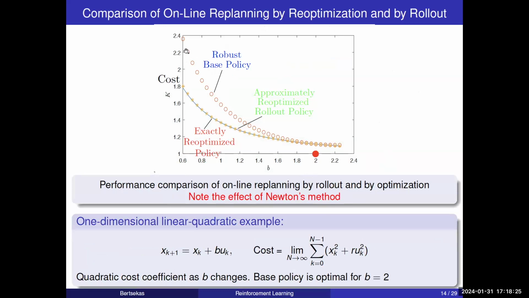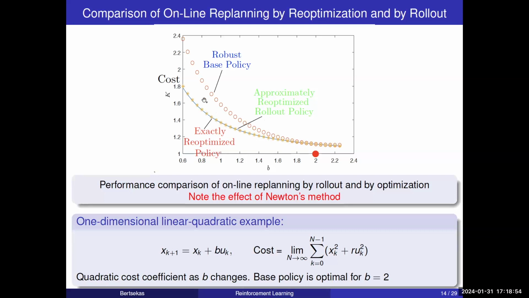I'm comparing here the robust controller and the exactly reoptimized controller, which is this black curve here. And now I'm superimposing the performance of the approximately reoptimized rollout policy with one-step lookahead. The performance of these two is indistinguishable, very, very close. Not exactly the same, but very close.